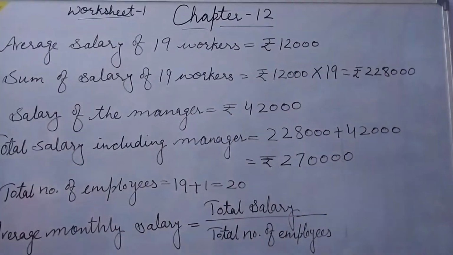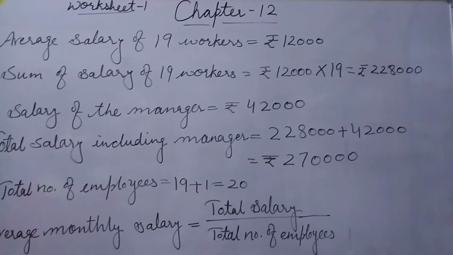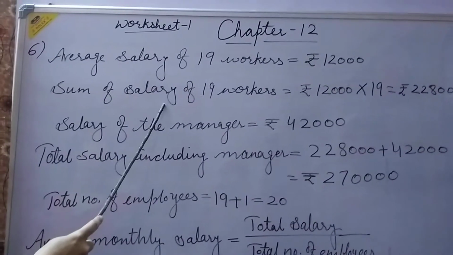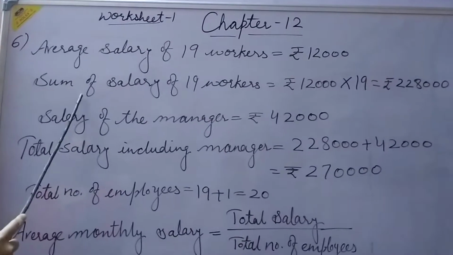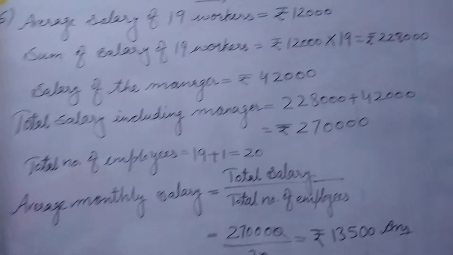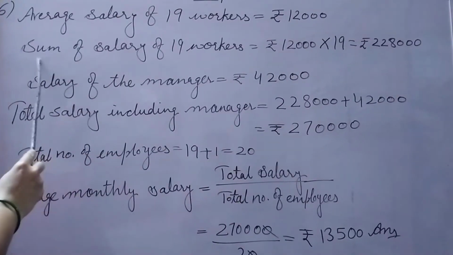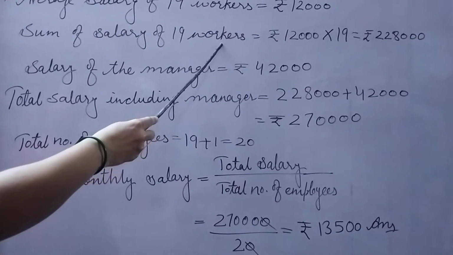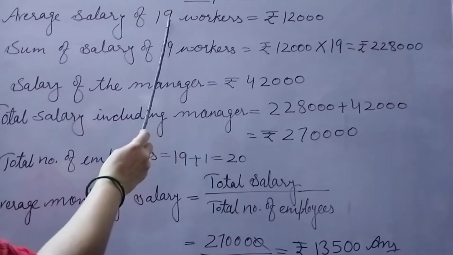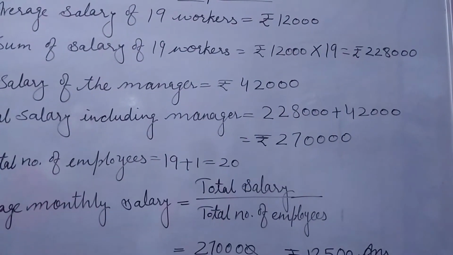We can write it as average salary of 19 workers is equal to rupees 12,000. Okay, we can find total salary of 19 workers. Sum of salary or total salary of 19 workers is equal to, you can multiply these two, 12,000 multiply 19, we will get this answer.